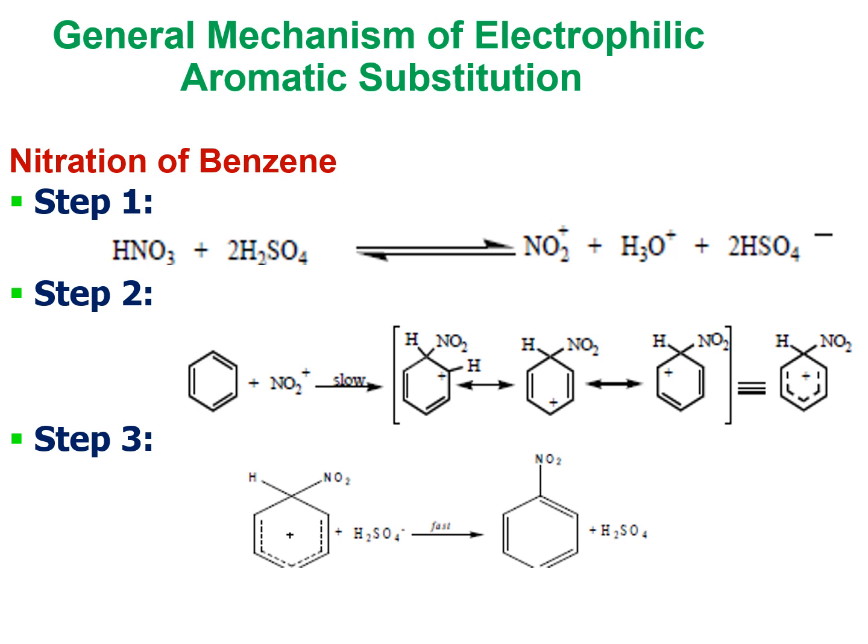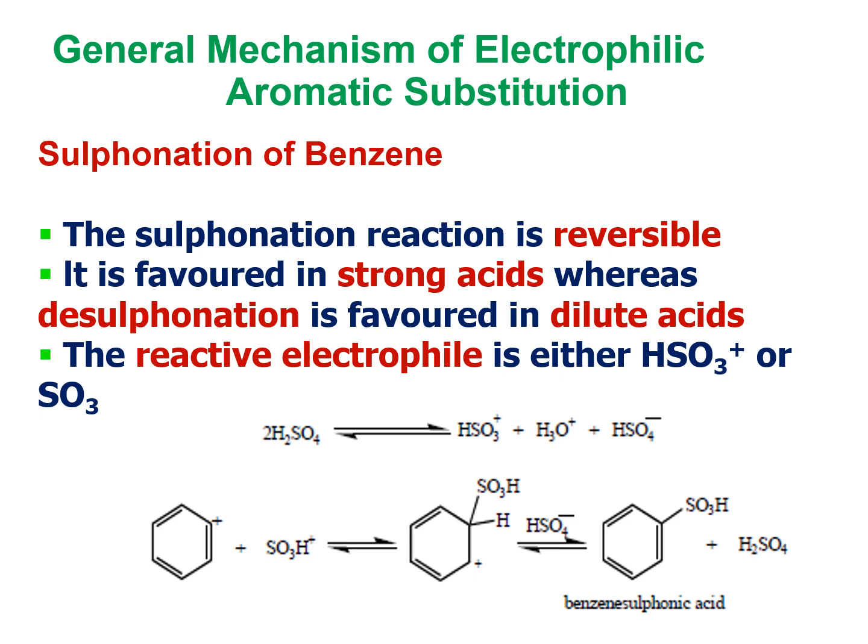So the first stage is generation of the electrophile. The second stage is attack of the electrophile, which is a slow stage, before re-aromatization, where the catalyst is being regenerated and the hydrogen is being eliminated from the ring. That also happens in sulfonation of benzene.